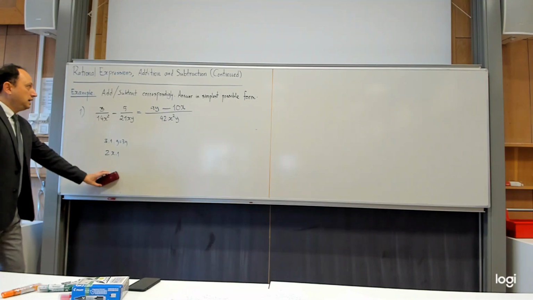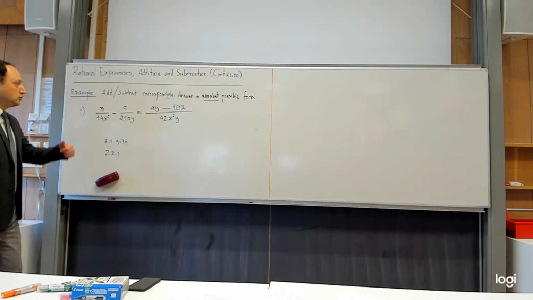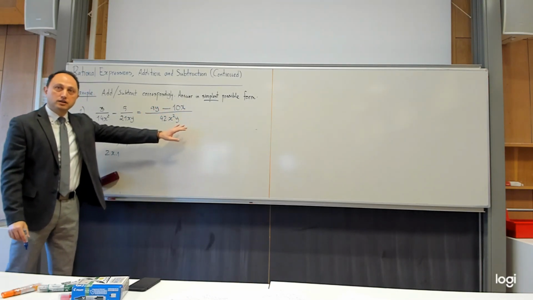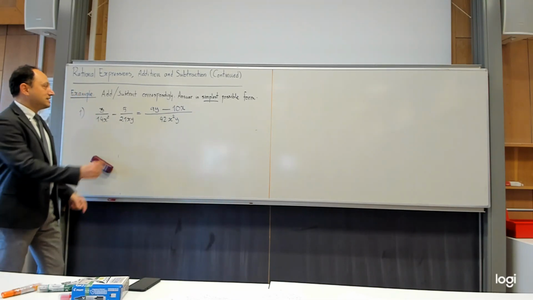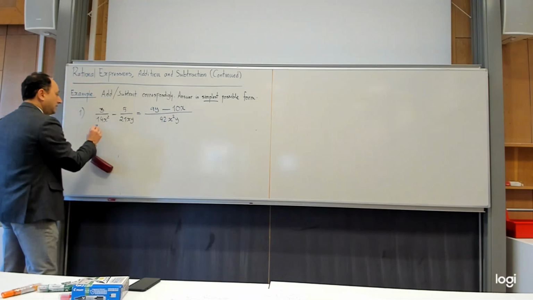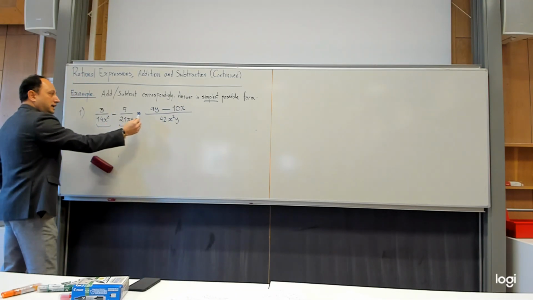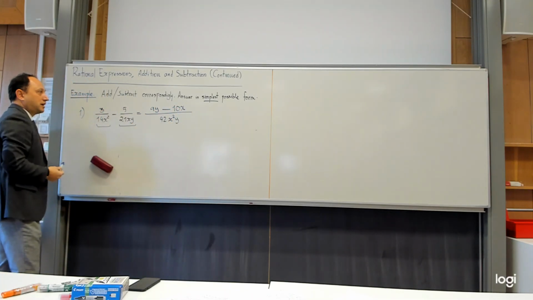Here, because I have asked you to write it in the simplest possible form, you need to think, is it possible to simplify this expression? How should I answer that question? Here I had two rational expressions. I subtracted them. It becomes one new rational expression.